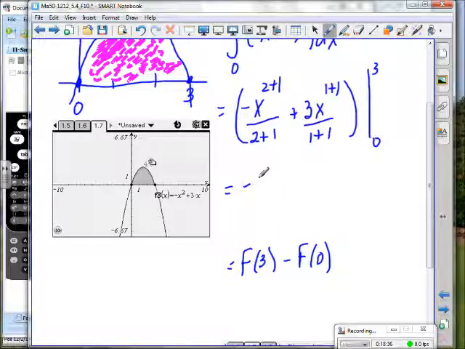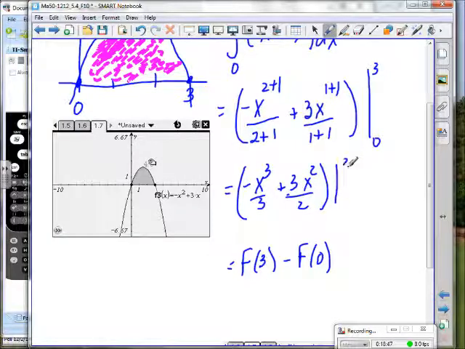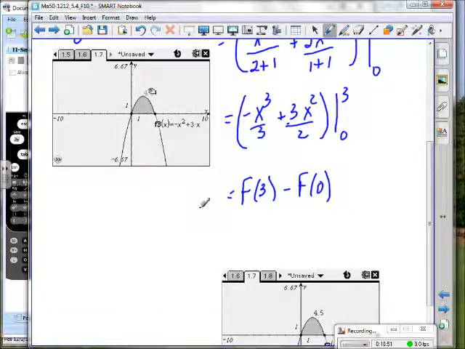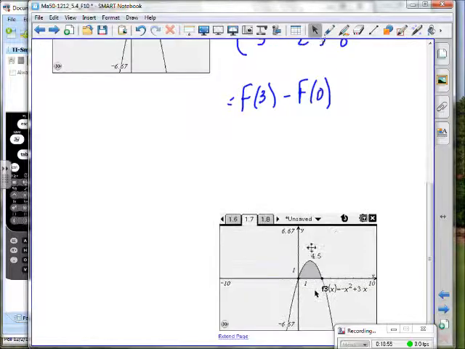You probably have that resolved as x cubed divided by 3 plus 3x squared divided by 2. Now we want to put that value in.